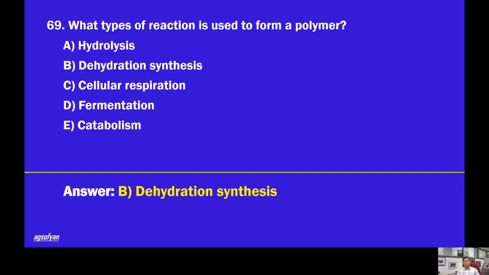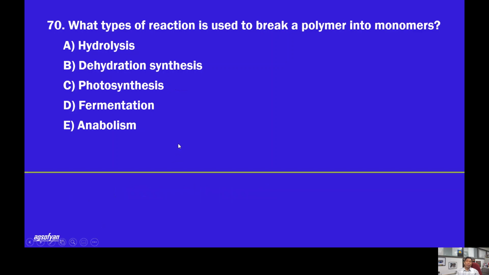Remember, a polymer is a big molecule, so the process to make big molecules is called synthesis or anabolism. So just look for the synthesis process, which is B, dehydration synthesis, a process that removes water to form a bigger molecule or polymer.